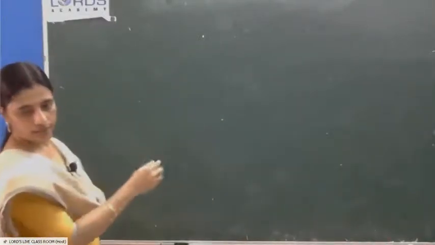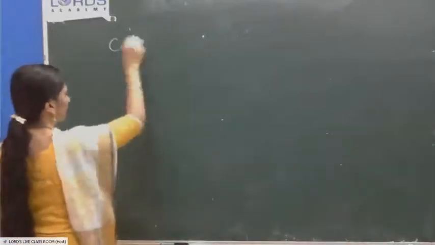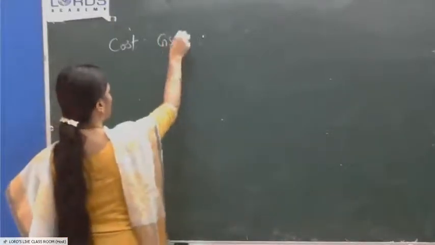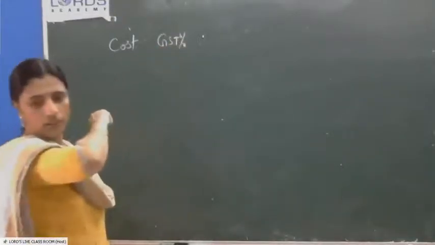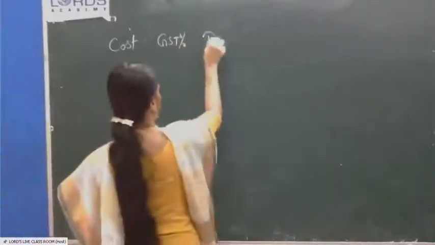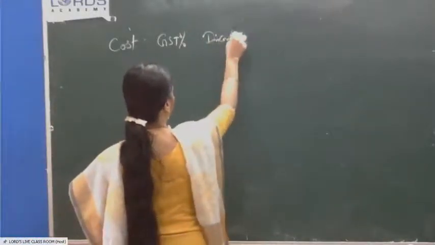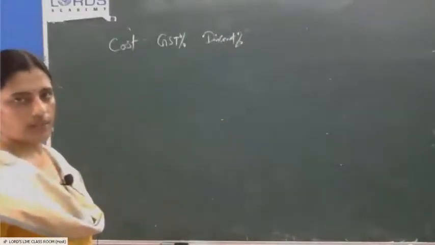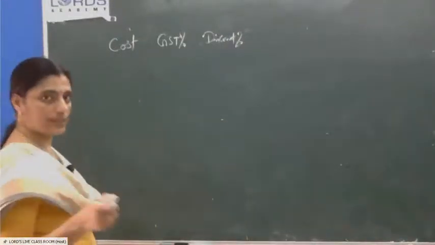Cost in Delhi. I am writing cost only. GST. Here they have given discount. First time both the GST and discount were different. Discount was different, but in that case GST was not there.